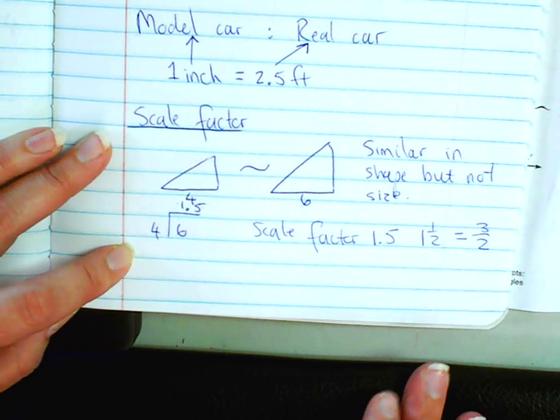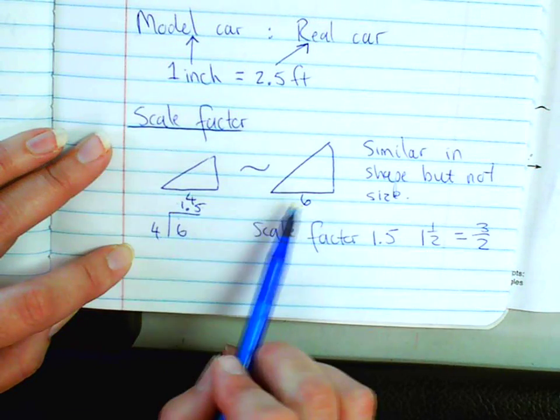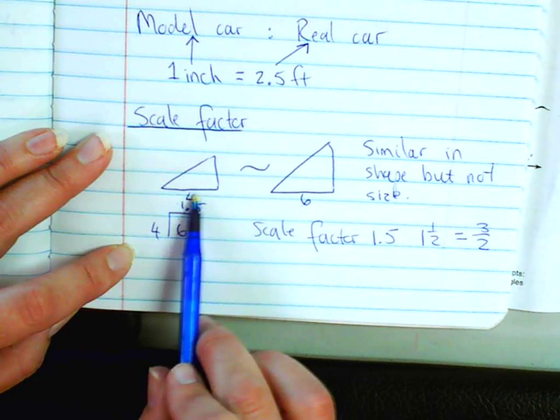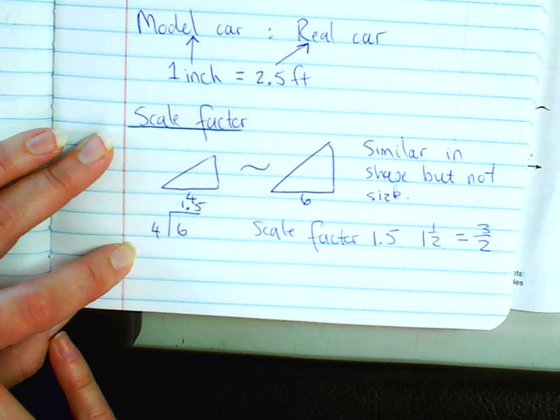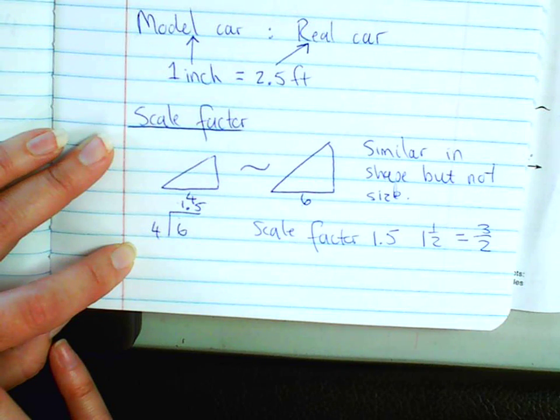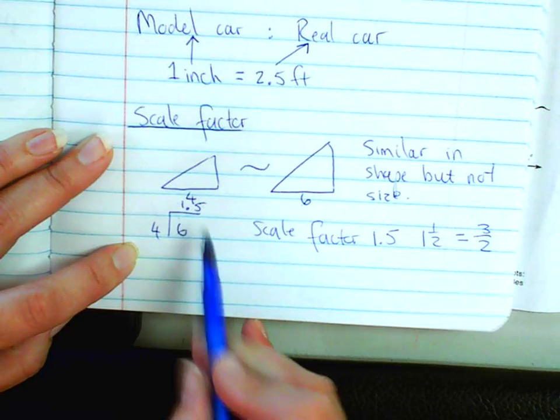Now, what did we do to go from the big side to the small side? Let's see how 6 had to shrink to get down to 4. Okay, so we're going to reverse it.